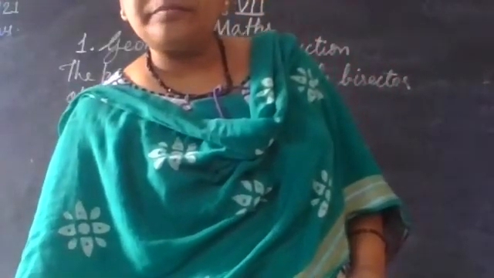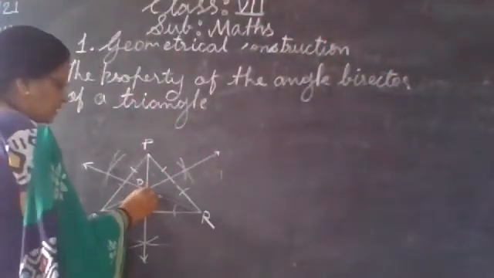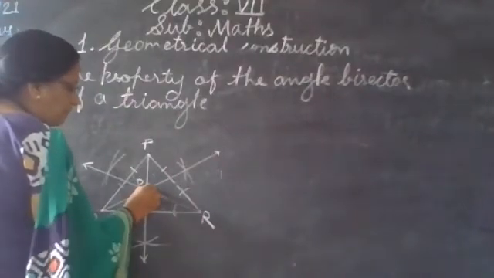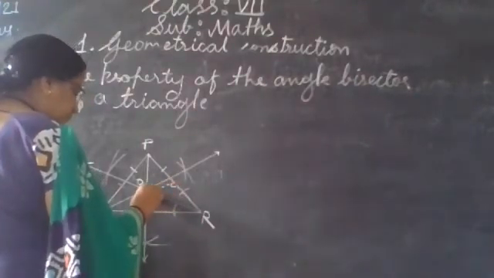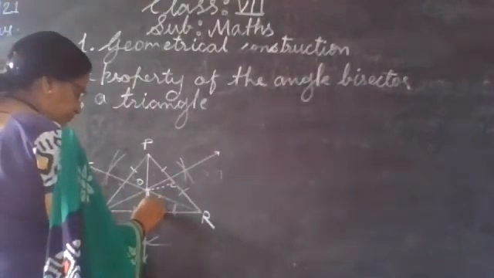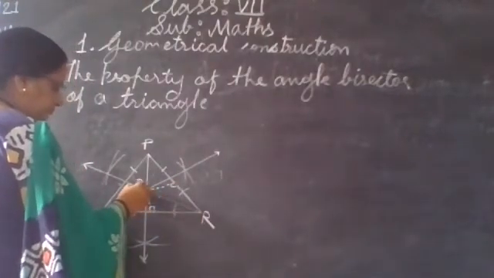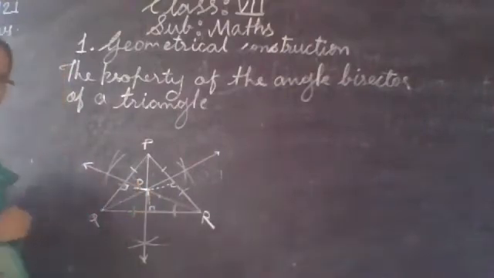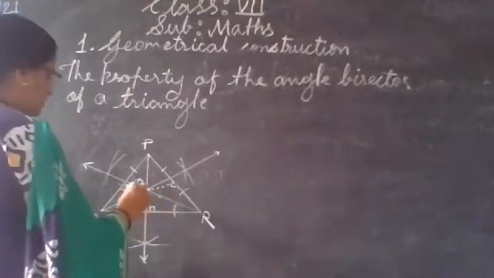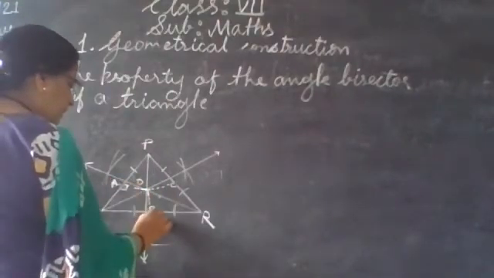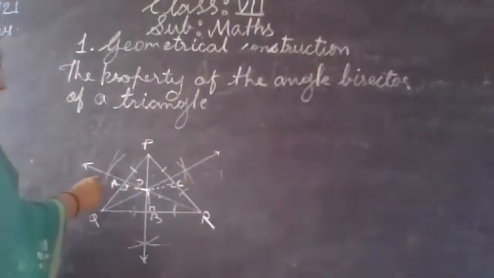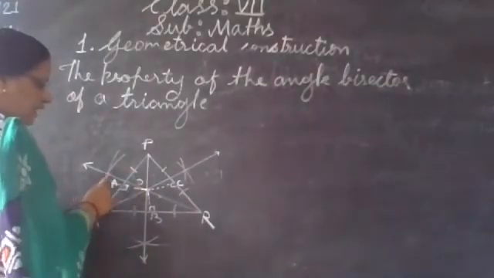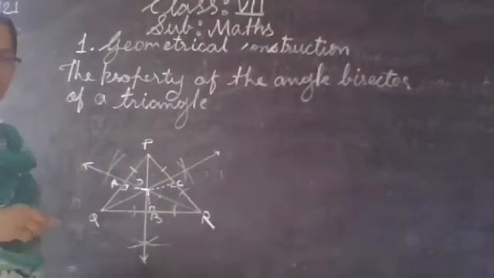Now see, beta. If you draw a bisector on this, so they are the bisectors, and the names are A, B, and C. So you will find that the measures of OA, OB, and OC are equal.